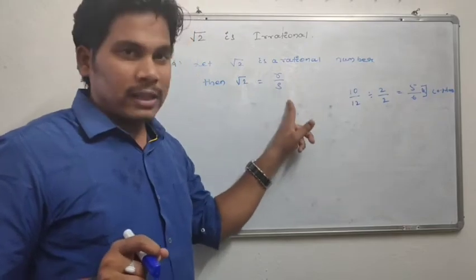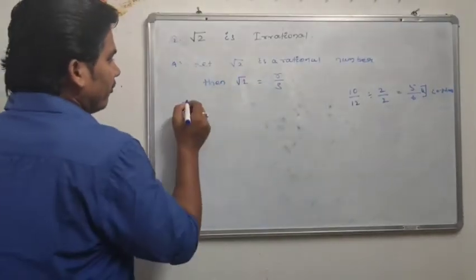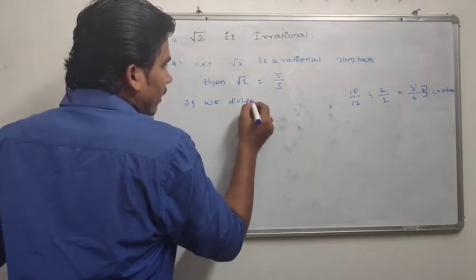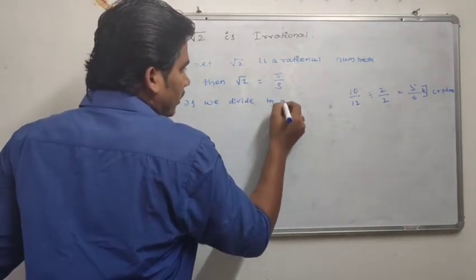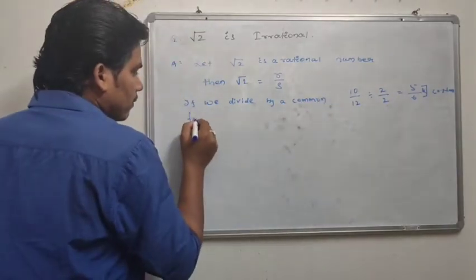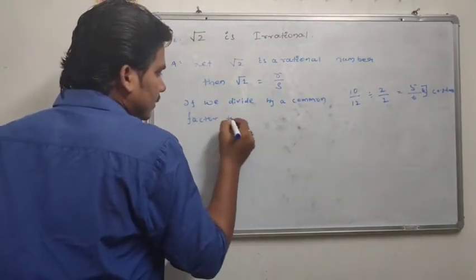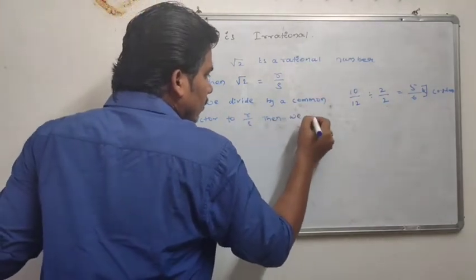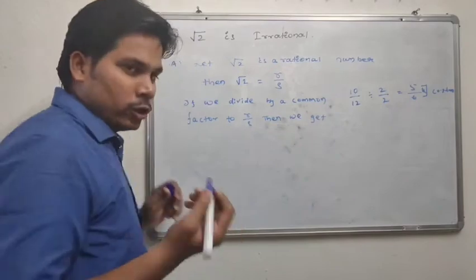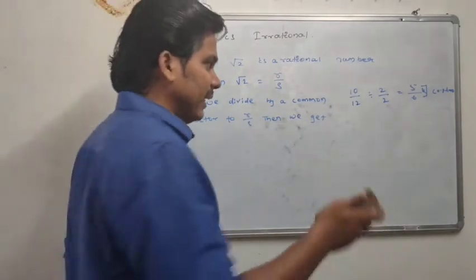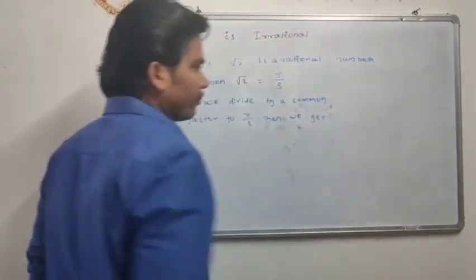If we divide r by s by a common factor, then what do we get? Another number that is also in the p by q form. Let's take this as a by b.